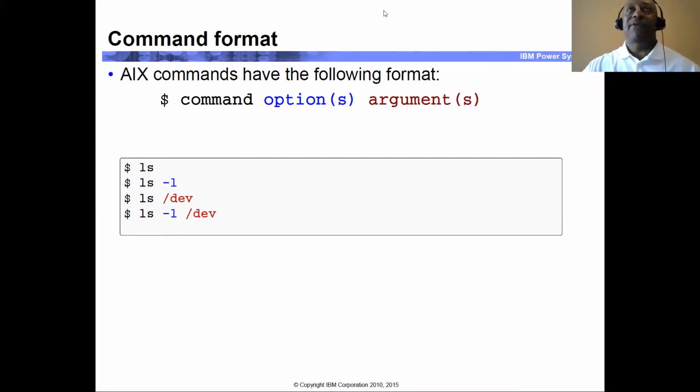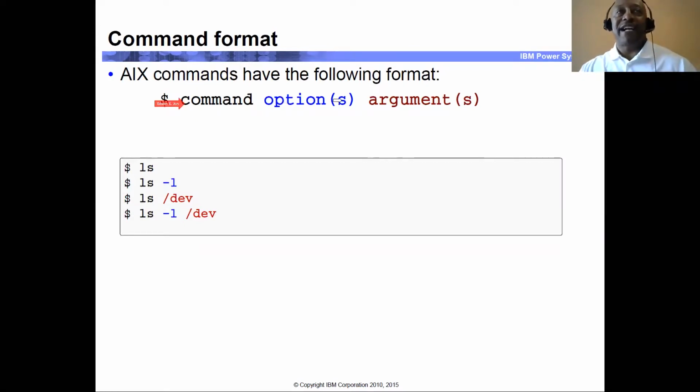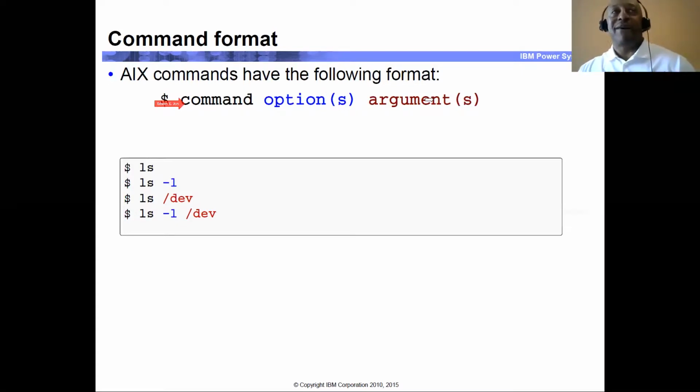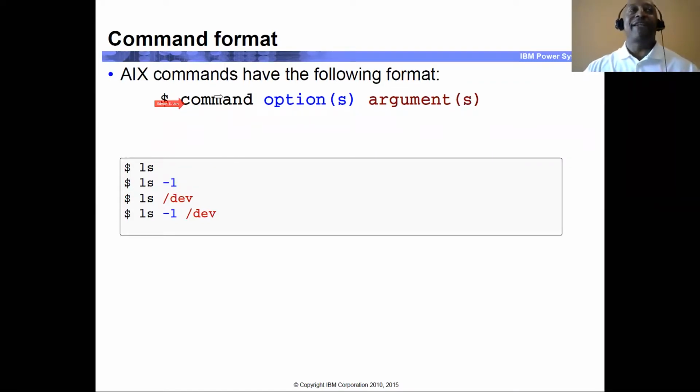But our typical command format is simply the actual command, then, if our command has options that we would like to use, the optional options, followed by the argument. So most of the time, 99% of the time, the format is command, options, arguments. There are very few exceptions to this.